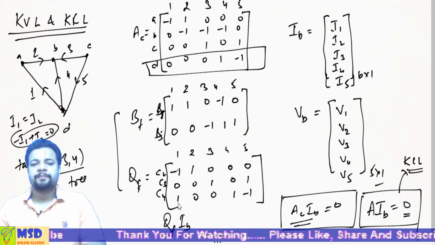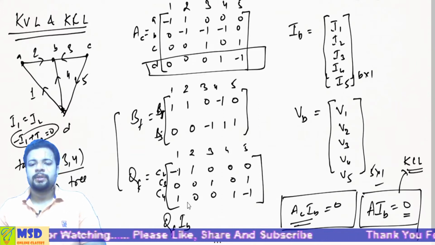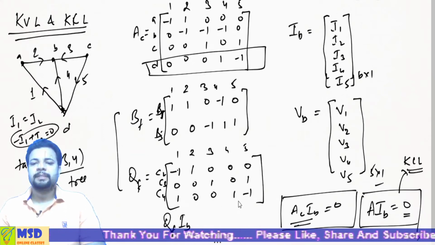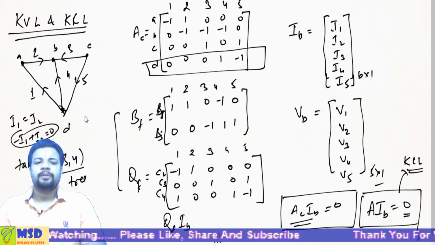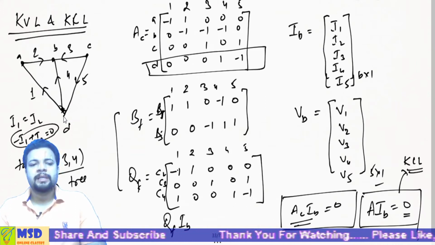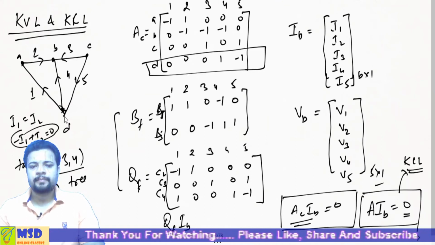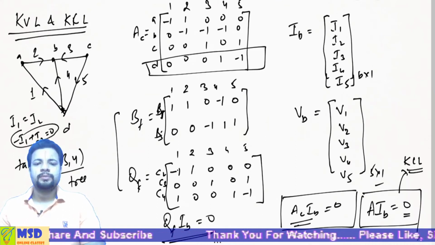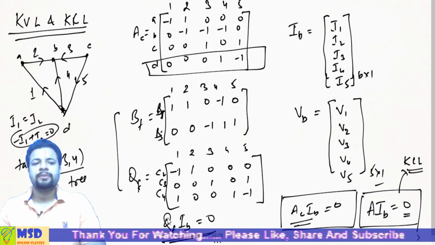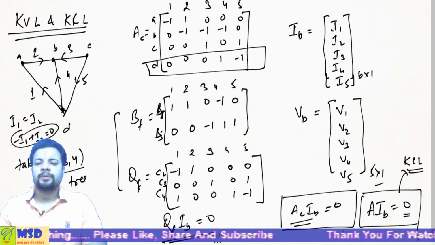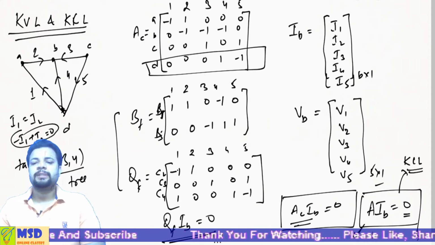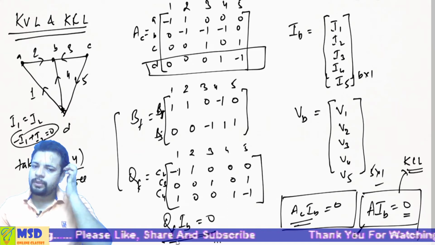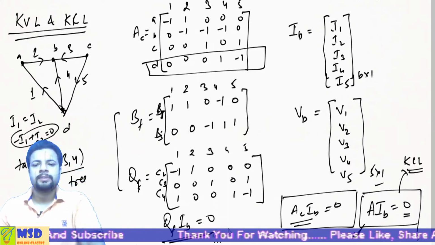Now if we see this third row multiplied with this, I get I1 plus I4 minus of I5. So this is nothing but KCL at node D. Again it is equal to 0, but it doesn't give you information of node B. So for complete KCL equations we'll be using A into IB is equal to 0 and QF into IB is equal to 0.